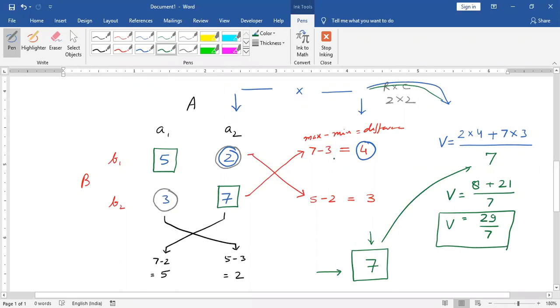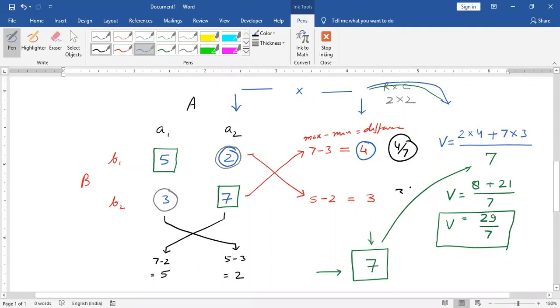If we're talking about the strategies, they are very simple. The total of the differences is 7 now. So you just do one thing. I'll use blue or black color so that you can see it clearly. I'm going to calculate the strategies, that is 4 by 7, because difference divided by grand total.